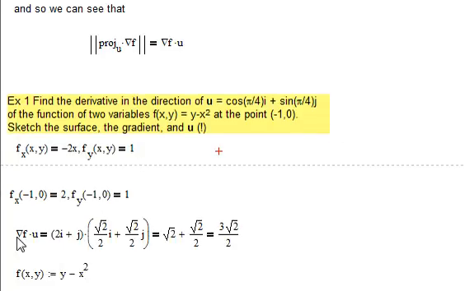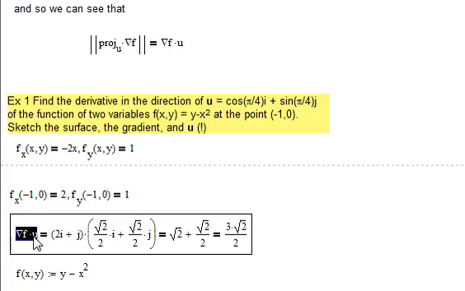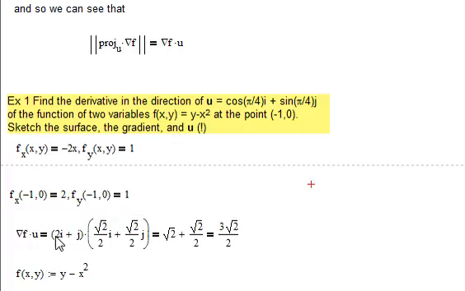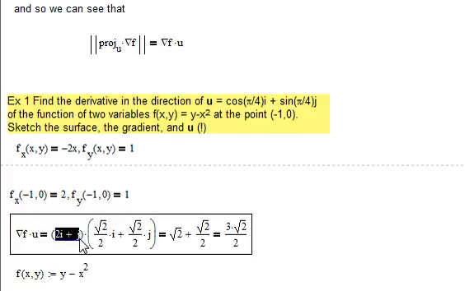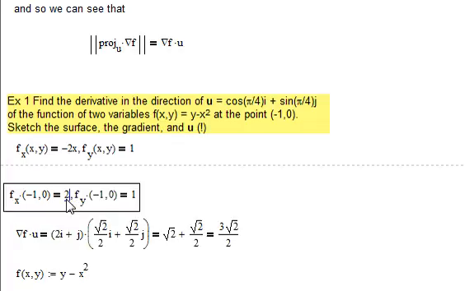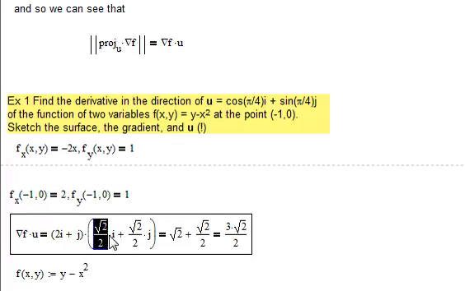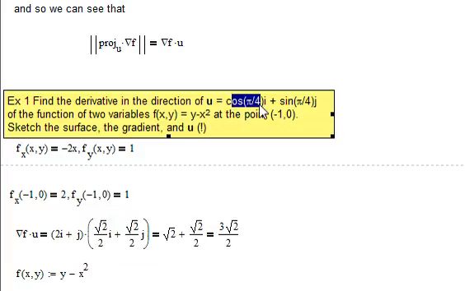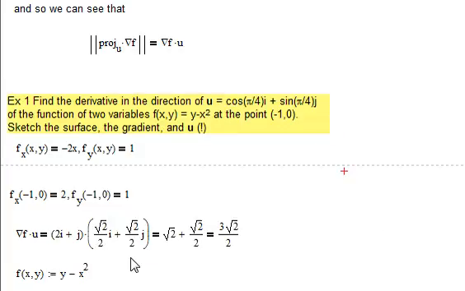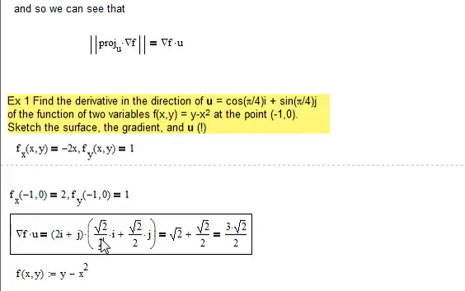That means to find this number, we would dot 2i plus 1j with square root of 2 over 2 i plus square root of 2 over 2 j. I hope you know where that came from. What's cosine of pi over 4? Square root of 2 over 2. So when we dot these two vectors together, we get 2 times square root of 2 over 2, which is just square root of 2, plus 1 times square root of 2 over 2.